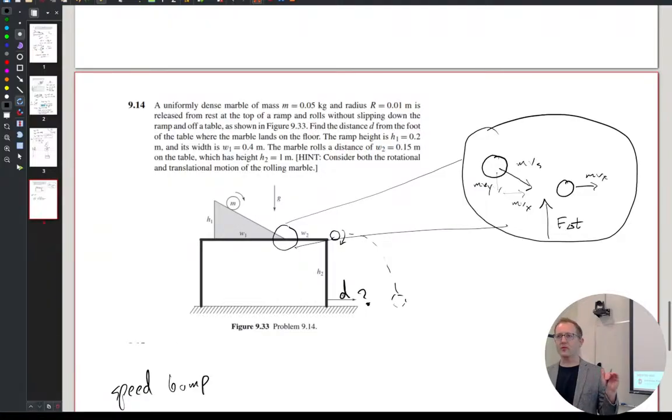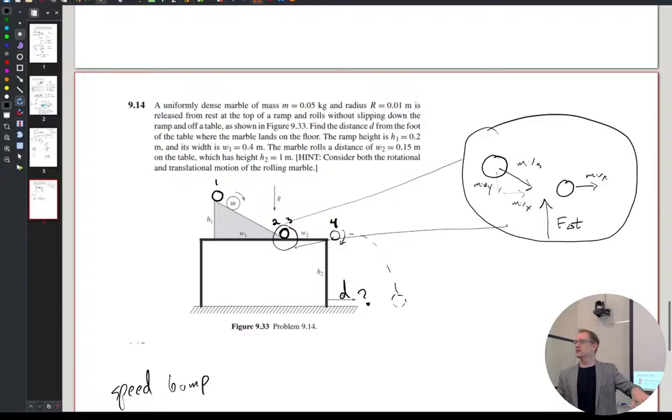So where are the points where energy is conserved? I think from the top of the slope to the collision. Okay, conserved in that portion. And then after the collision, when the ball hits the ground, energy is conserved in that portion. So if I'm labeling it as position 1, we release the ball.